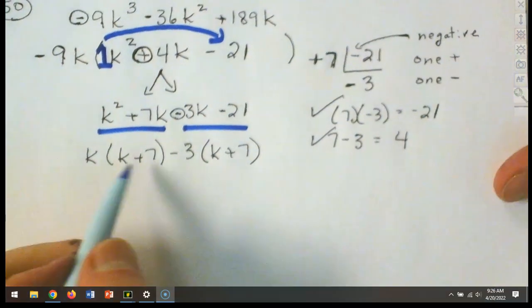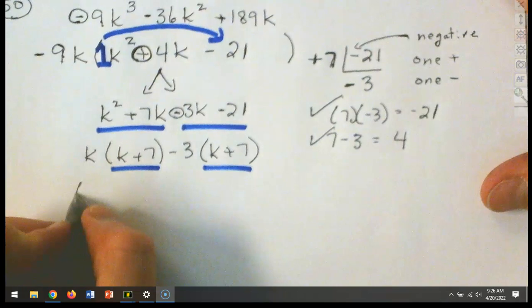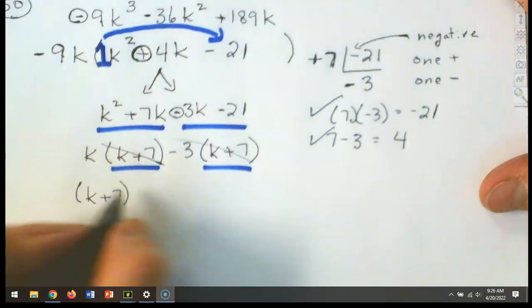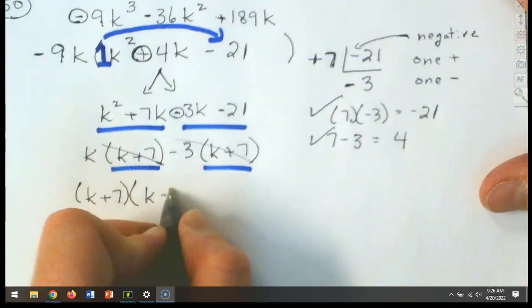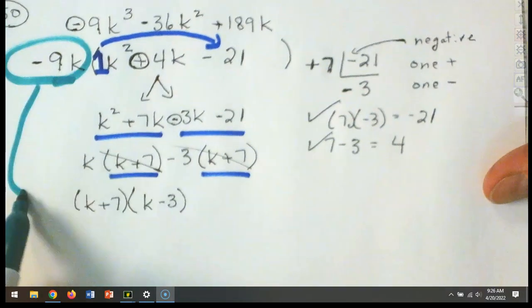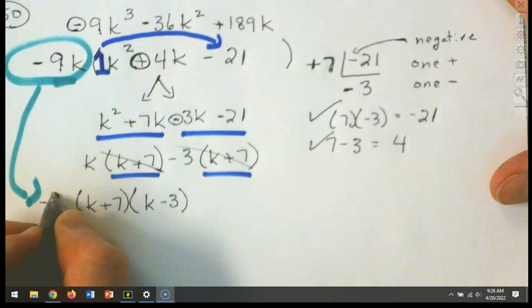These again are the same. So k plus 7, gone, gone. What's left over? K minus 3. And do not forget what's out in front of all of it. Minus 9k.